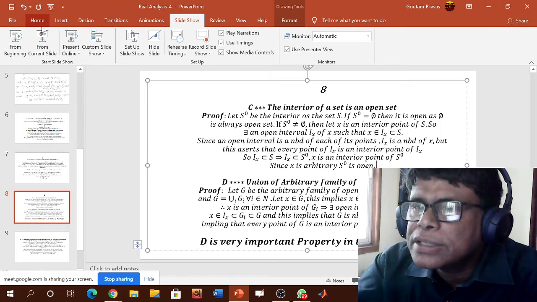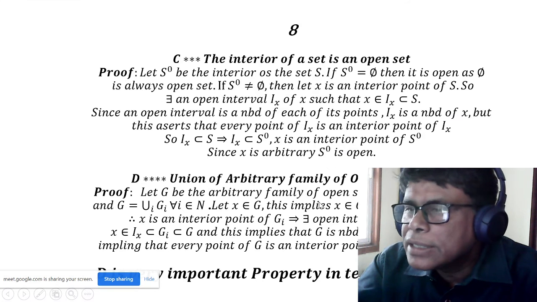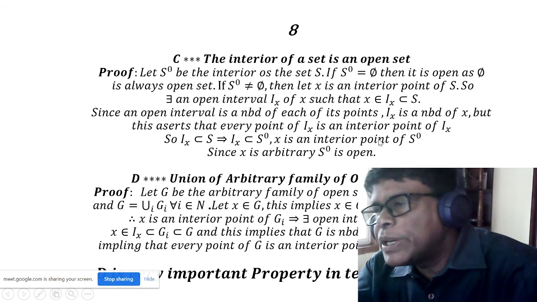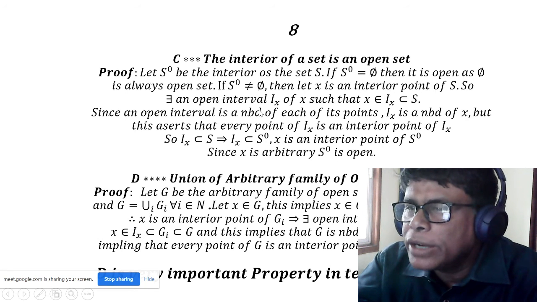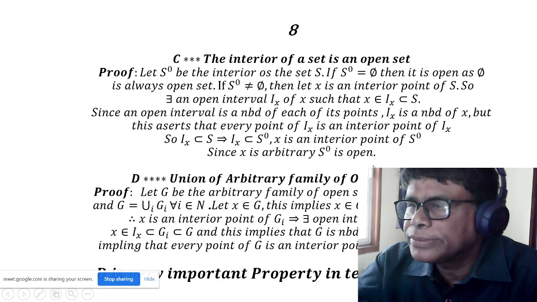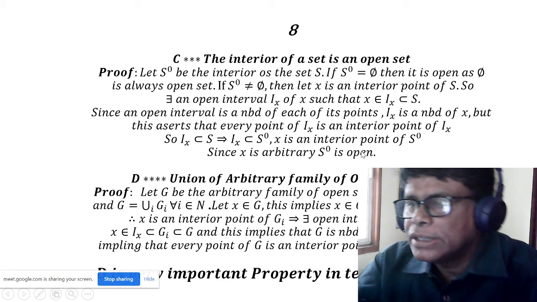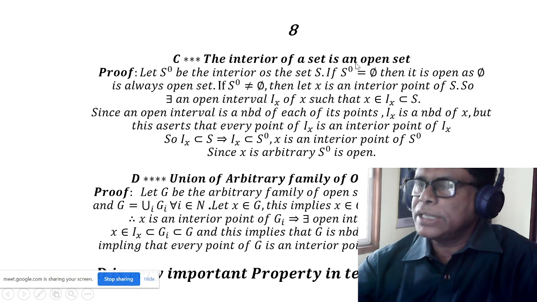Since X is arbitrary, every point can be shown this way. So S0 is an open set. This is the condition of the open set. So the interior of a set is an open set.